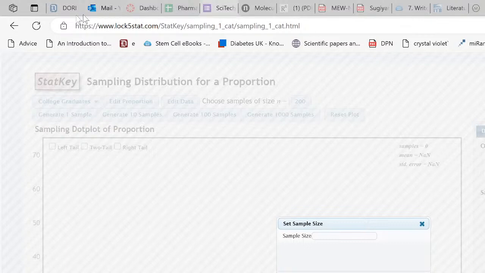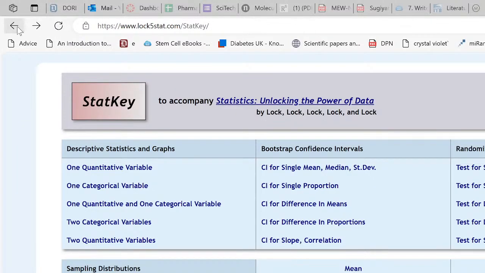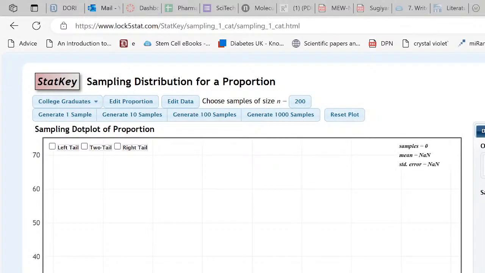Right now, sampling distributions about a proportion. So I'm going to take samples of size 20, 50, 100, and 250. Okay? I'm going to put my information over here. 20, 50, 100, and 250.